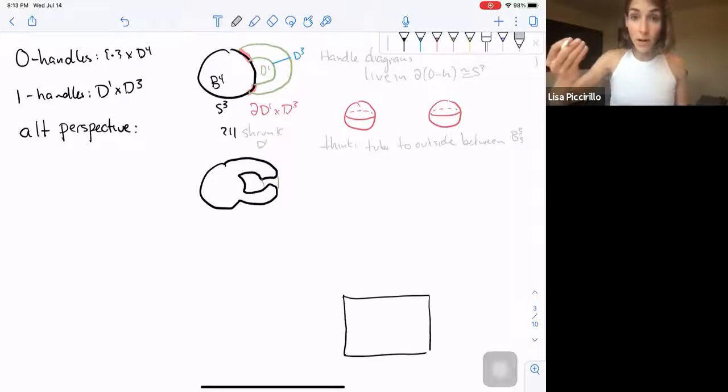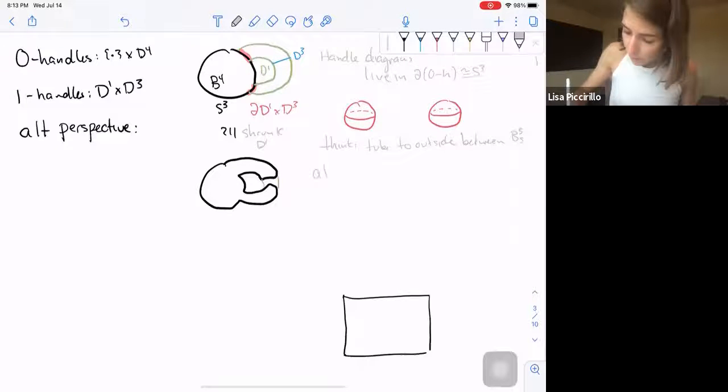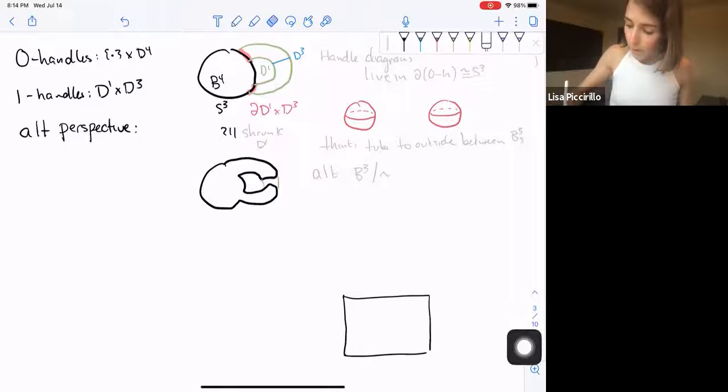And if I shrunk it all the way, in fact, then what I really would have here is just the 4 ball with some kind of quotient taken. And I sometimes find that to be a helpful perspective. So let me write that down over here. When somebody draws you a handle diagram for a one handle like this, you can think that there's a tube running between them, or you could think that what we're doing here is we're taking B3 and then B4, and then we're quotienting out, right?